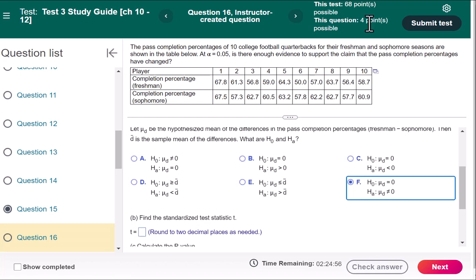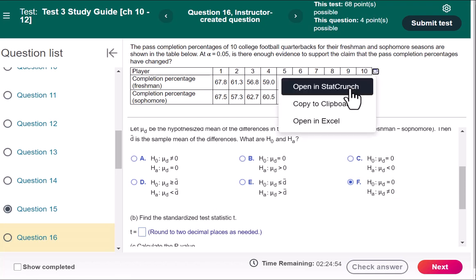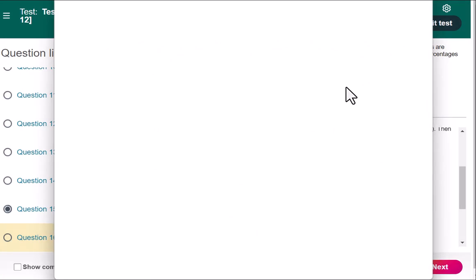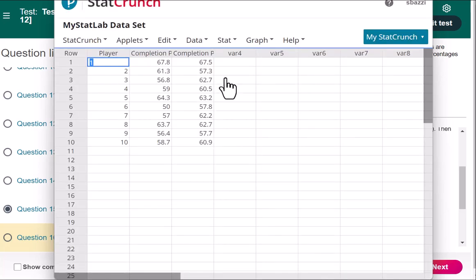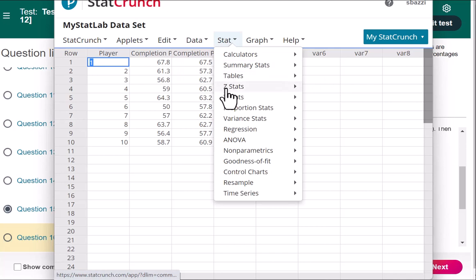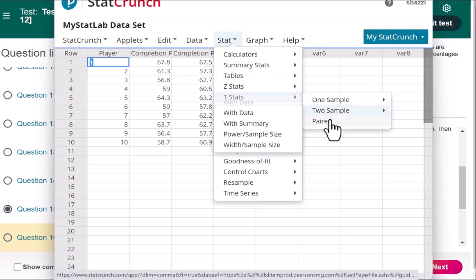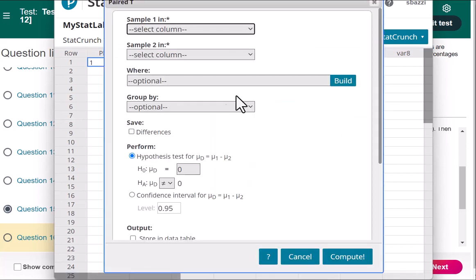Now, how do you find the test statistic? Let me show you how to use StatCrunch. Okay, you go to stat, t-stat, and look, paired means dependent.